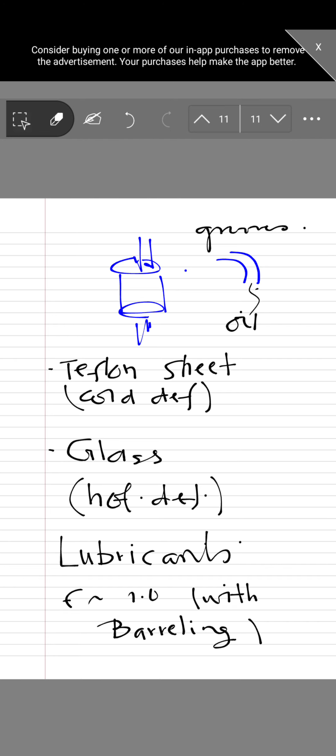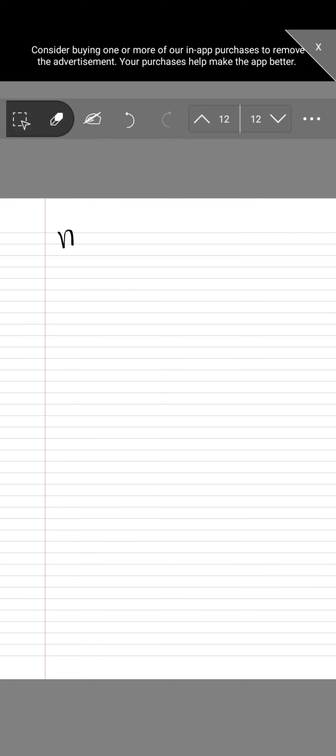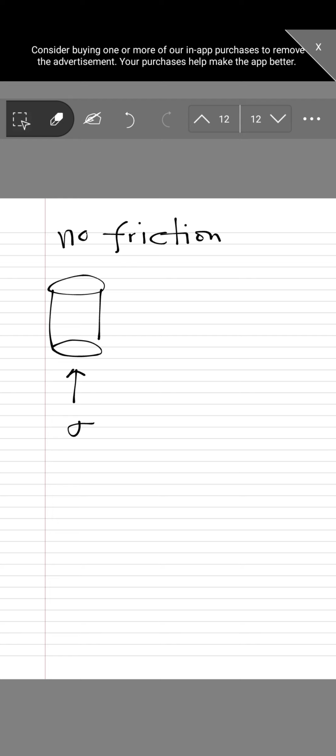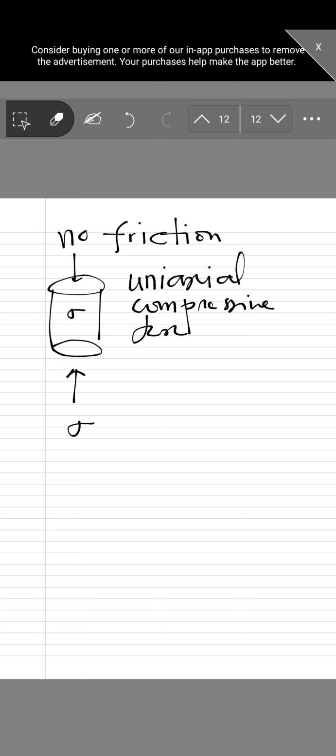Okay, now coming to a little mathematics. So if we assume that there is no friction, there is a uniaxial compressive force, say this is P, and it is equal to sigma naught into A. This is the cross-sectional area and this is the stress applied.